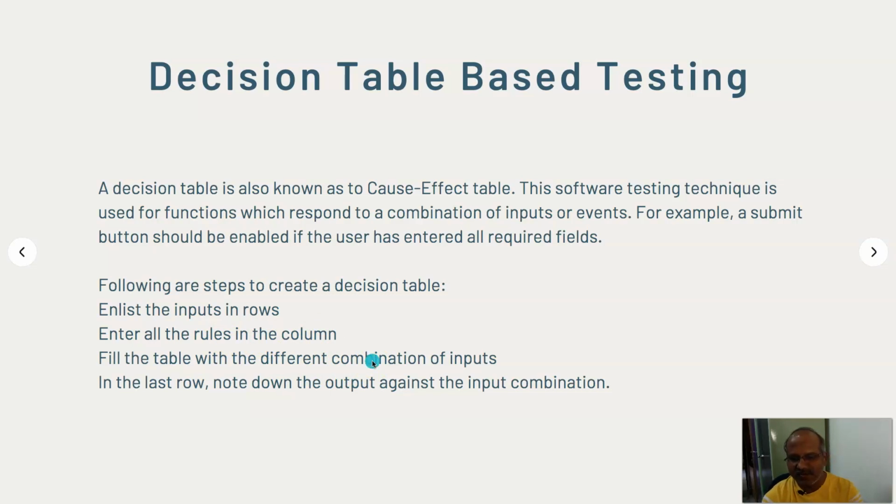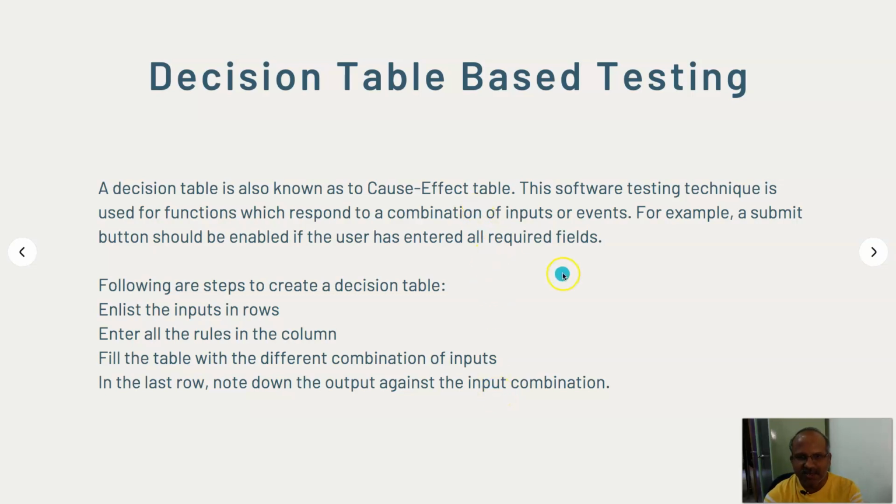Suppose you have first name, last name, email, you can say first name entered, last name not entered, or first name entered, last name entered, but email not entered, like that. Enter different combinations. In the last row, note down the output against the input combination. The last row will show you the actual output based on the input combination.